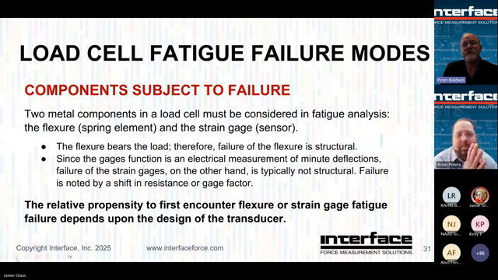The gauges are glued and calibrated to the internals of the load cell, and their function is producing an electrical measurement from minute deflections in that metal. Failure of the strain gauges, however, is typically not structural. Failure is noted by a shift in resistance or the gauge factor. So the relative propensity to first encounter flexure or strain gauge fatigue failure depends upon the design of that transducer.